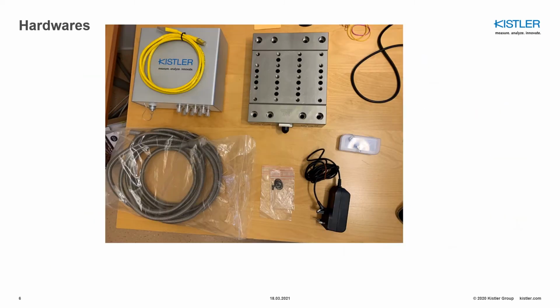When it comes to our hardware, you can see that this picture is covering what is needed. You have your LabAmp here, our amplifier and data acquisition box. You have the Ethernet cable that takes the measurement from that DAQ and amplifier box to our computer. We have our dynamometer, in this case 9139, as I said.